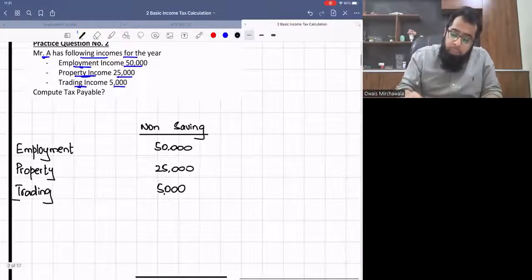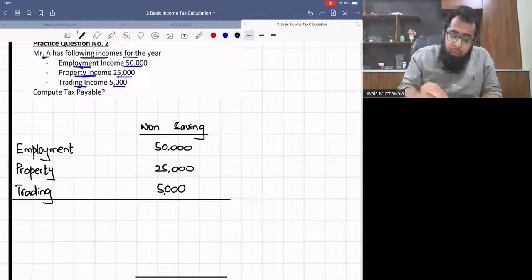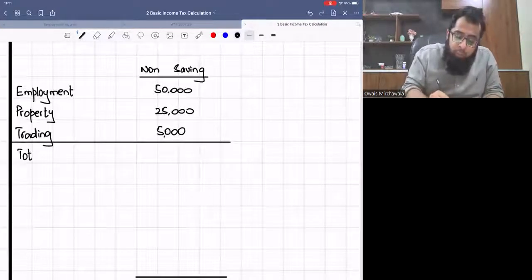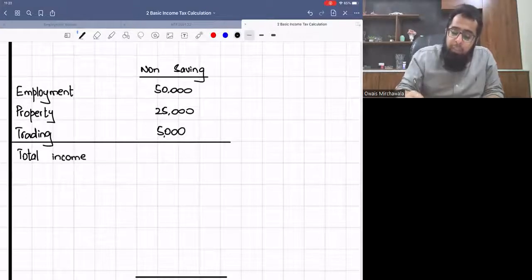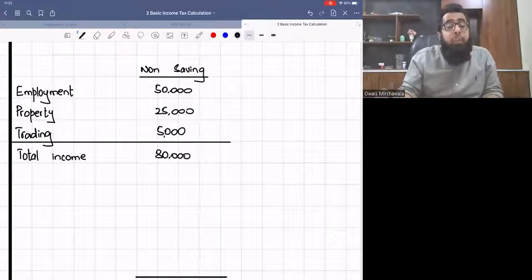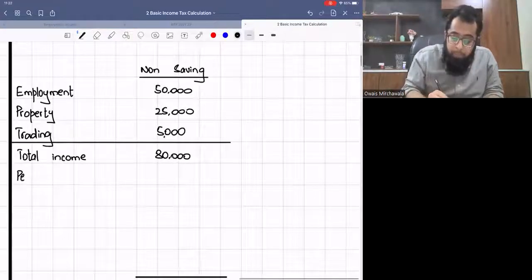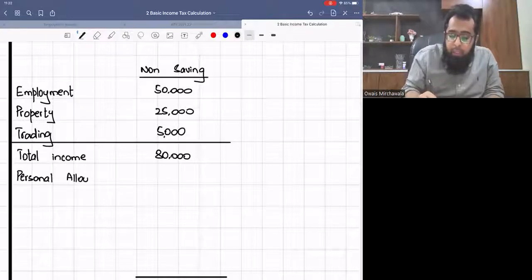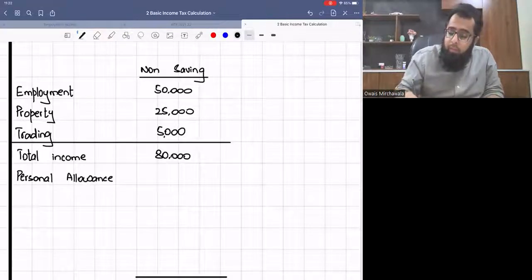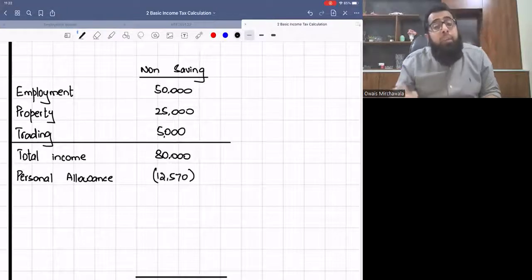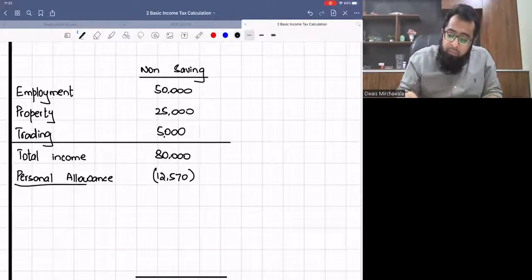We will add all of the incomes to arrive at the value of total income. Now 50 plus 25 plus 5. This gives me total income of 80,000. Personal allowance, the amount till which income is exempted from tax, 12,570.